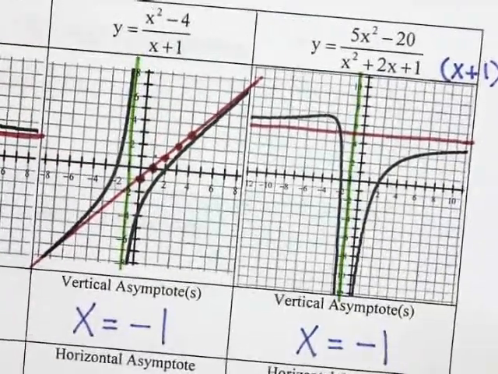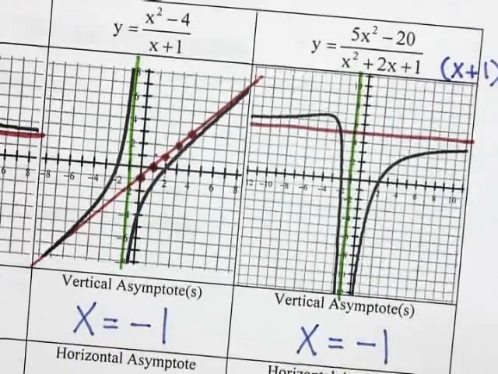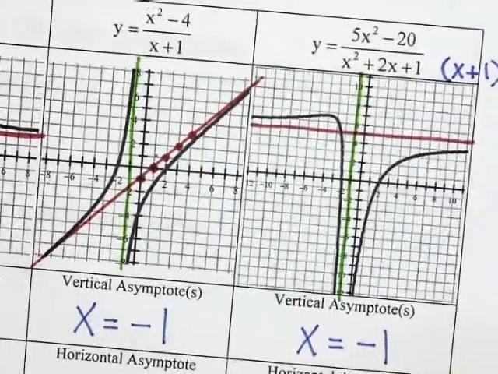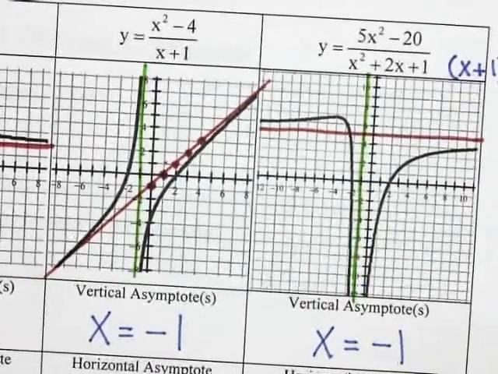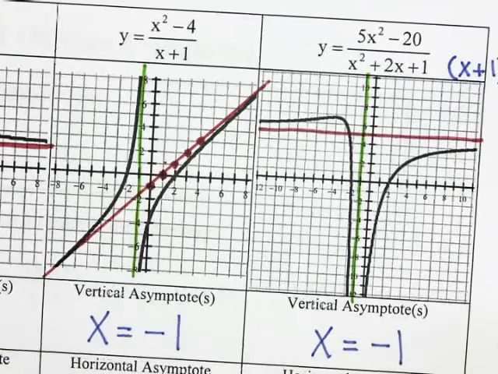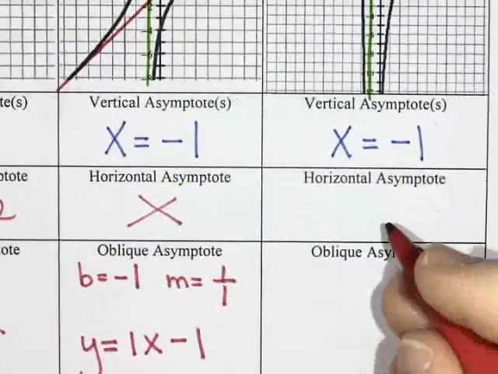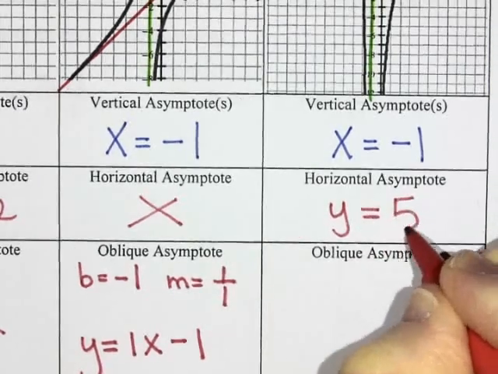To be sure, we would really need to zoom out so that we can see a little bit more of the graph. If I could see more of the graph, you would definitely see that it is leveling off at 5. This is a horizontal asymptote, so I'm going to say that this is y equals 5.